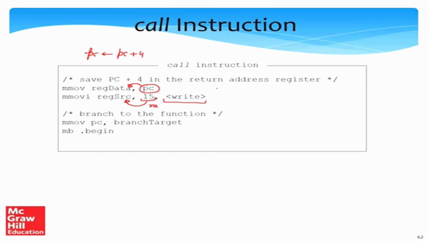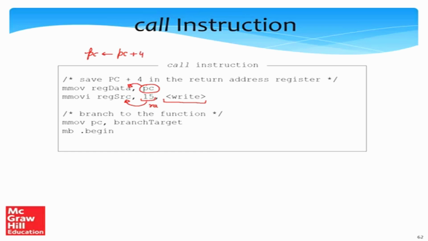So basically we are writing the value in the PC register, which is the current PC plus 4, essentially the address of the next instruction, to register 15 of the register file.